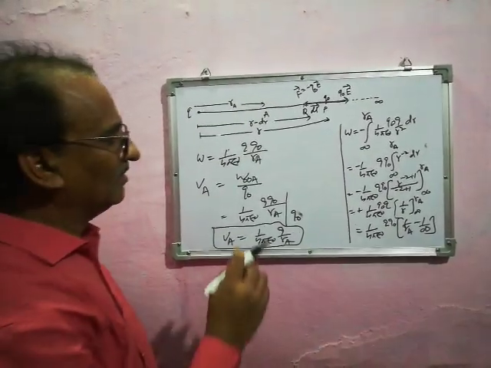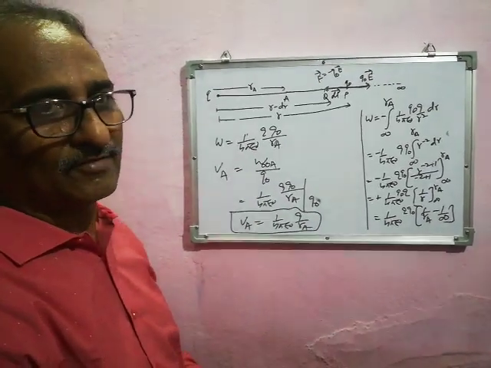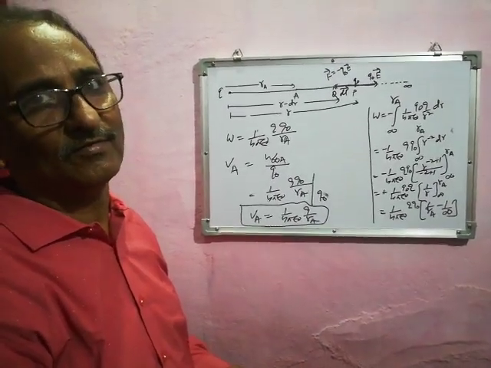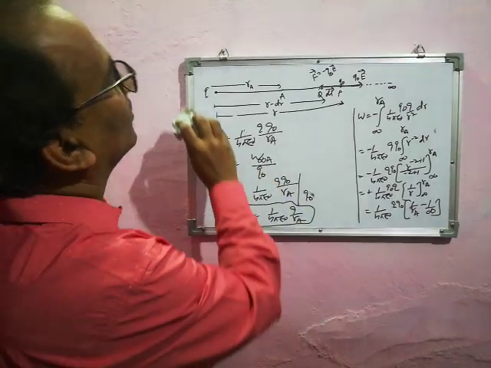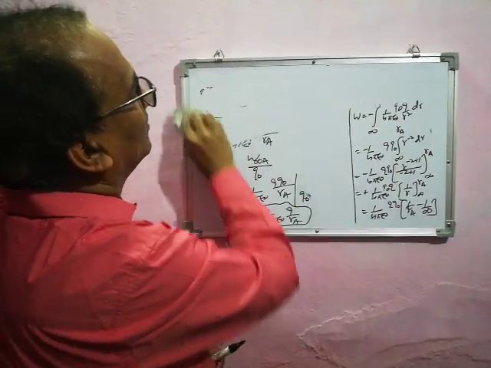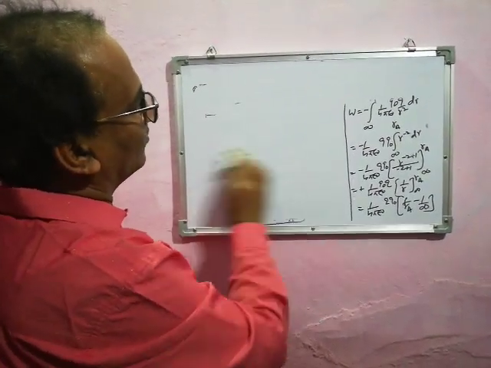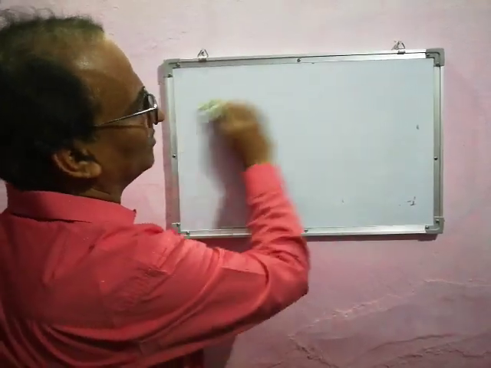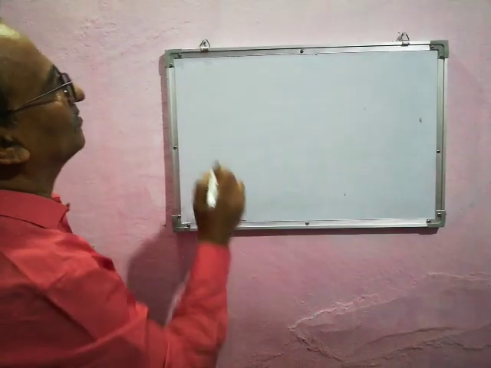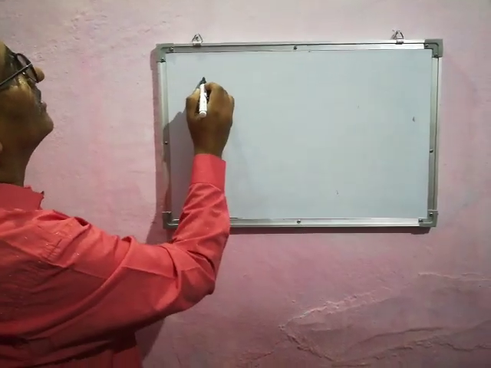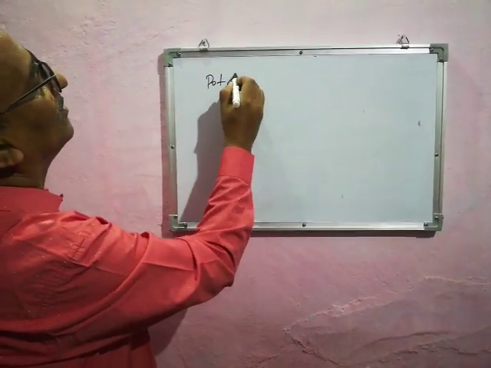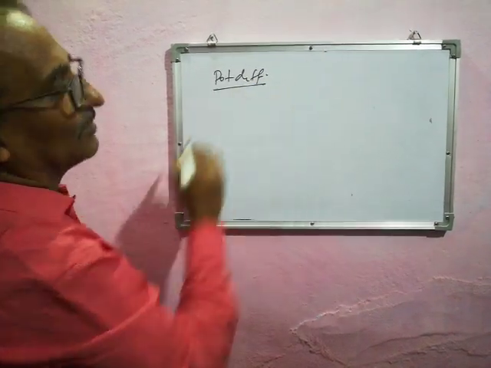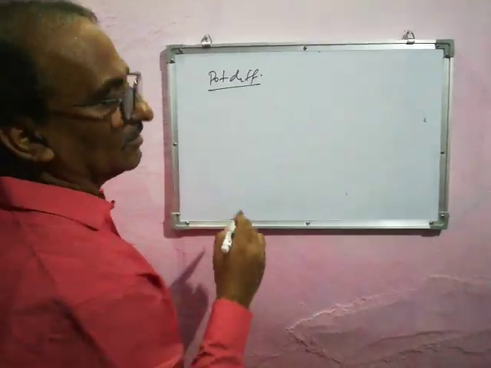In a similar way, you can deduce the expression for the potential difference between two points. But when you are asked to derive the expression for electric potential, there is a slight change in the definition and the limit of integration. In case of potential difference, the definition should be given like this.